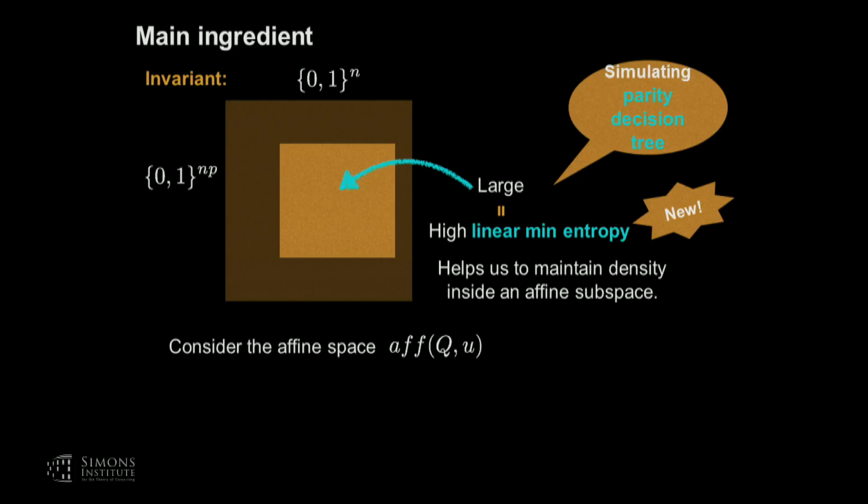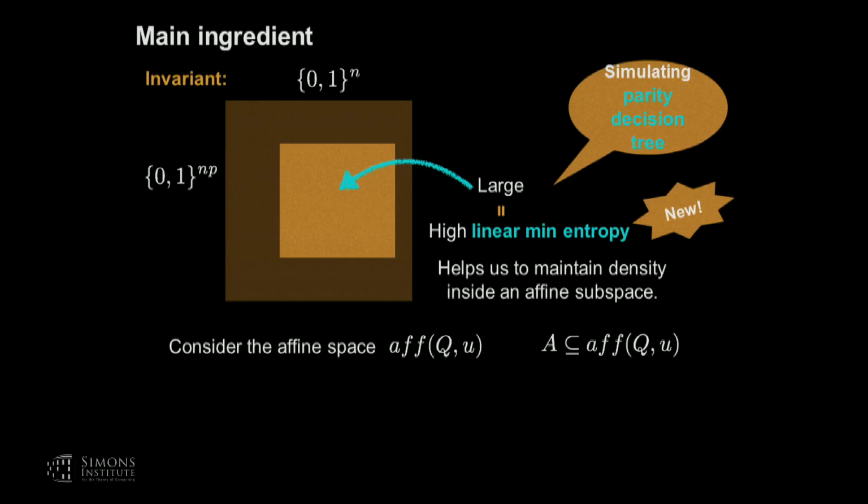So consider the affine space of all possible matrices such that if Q is a query vector, Q multiplied by those matrices gives me the vector U. Okay, so this is the set of all matrices such that Q times that matrix is equal to this vector U. This is the affine space that I'm looking at.